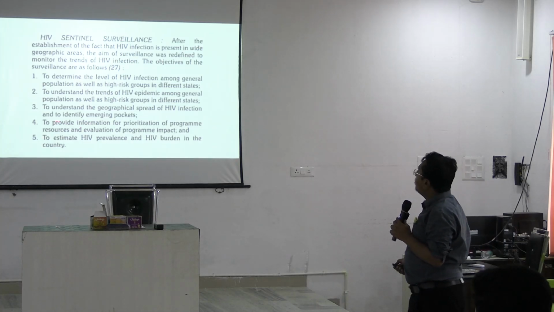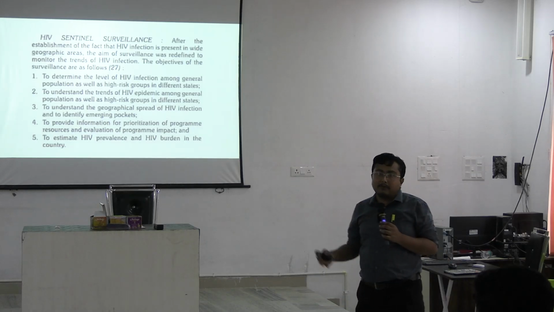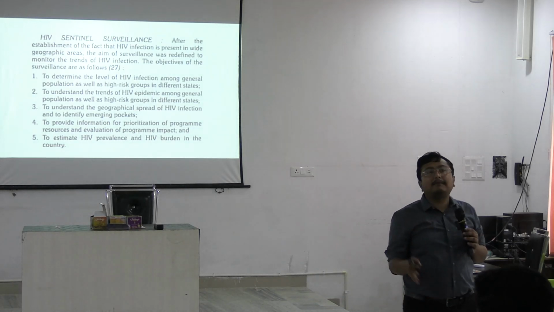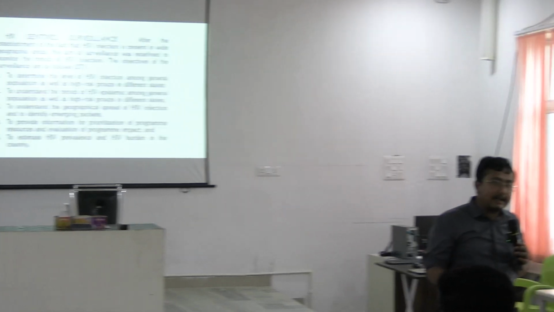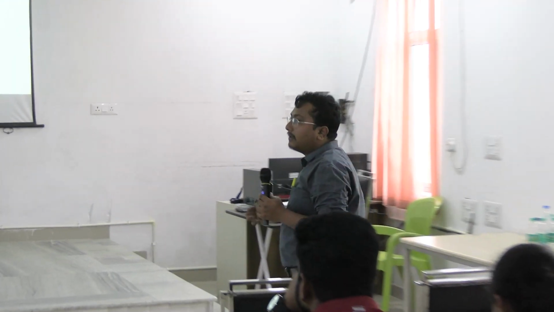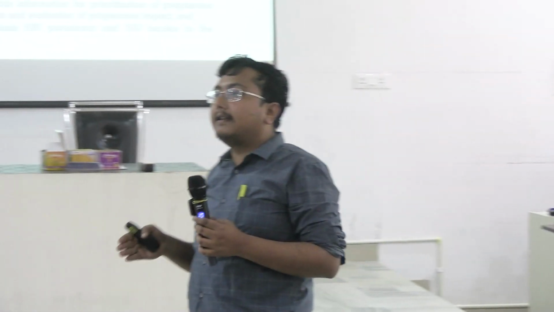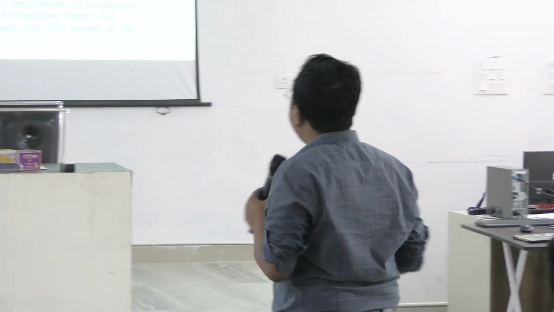Fourth, to provide information for prioritization of program resources, whom to give much more resources. That means we have to identify where the high risk group pockets are situated, and the maximum proportion of the resources should go to them.